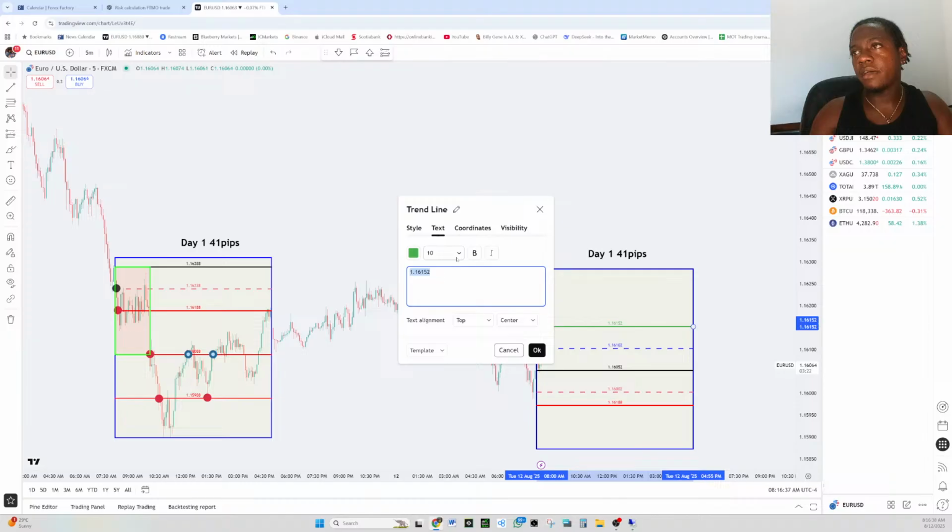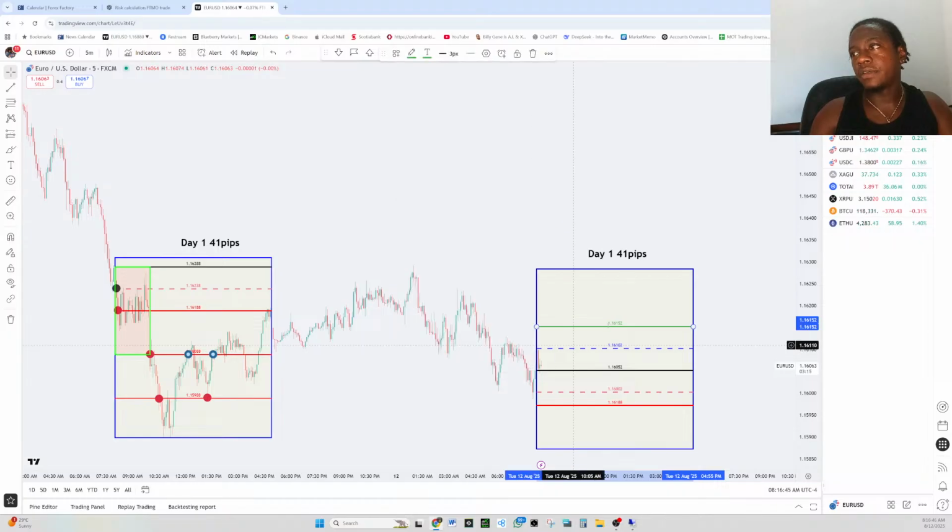If you know your decimals, that should be fine. Then subtract 20 pips from 1.16152, and it's going to give you where the bearish level 1 line is, 20 pips below the bullish level 1 line.